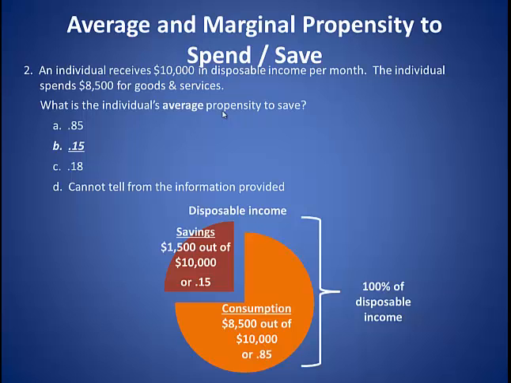If we have $10,000 and we spend $8,500, that means we spent 85% of our disposable income, so our MPC would be 85%. So we would have $1,500 out of that $10,000 saved, or 0.15. So that would be our calculation.